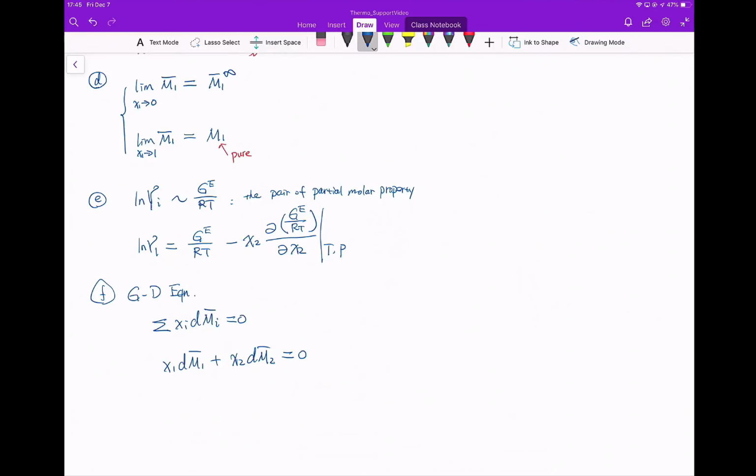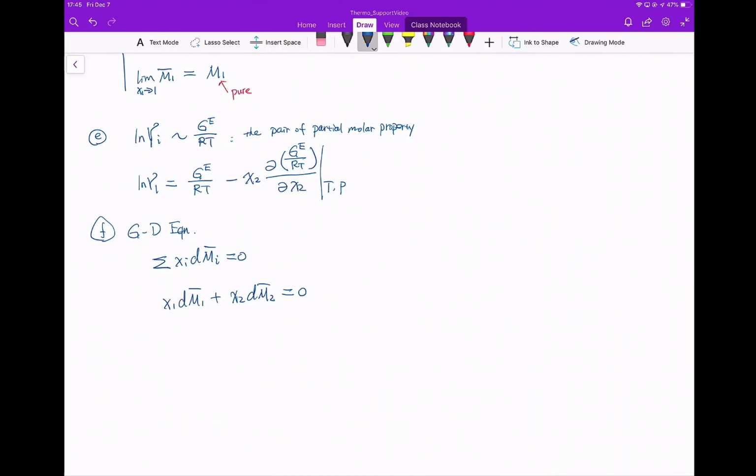So sometimes we have a different form of the Gibbs-Duhem equation. One is we move one component to the other side of the equation. Okay, this is the one.